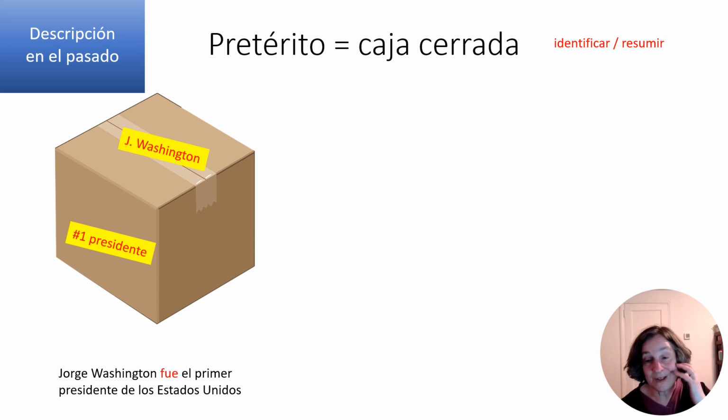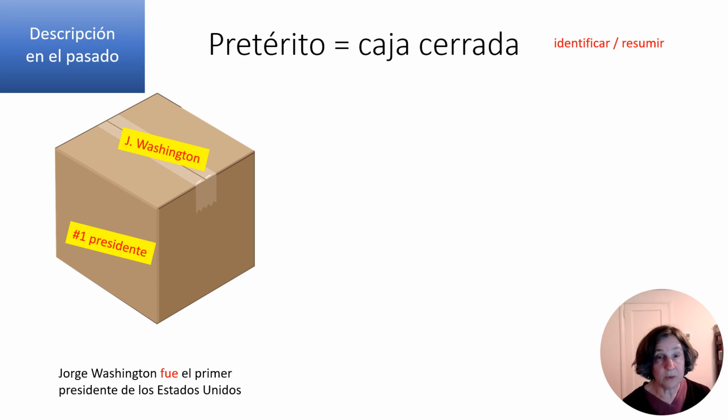And you do this when you want to, in your description, identify or summarize something that you're describing. So let's say you're talking about George Washington. Well, what's the big thing about George Washington? He was the first president of the United States. So there's the label on the box, and we'll use the pretérito to express it. Jorge Washington fue el primer presidente de los Estados Unidos.